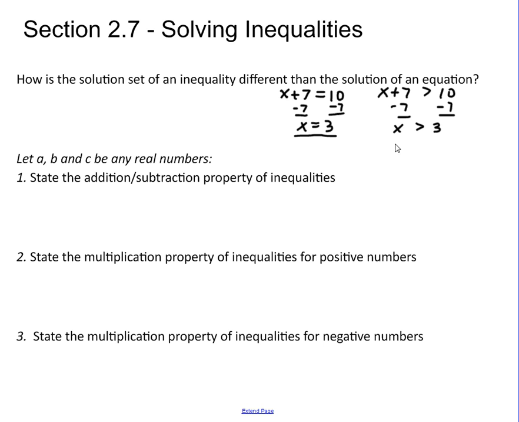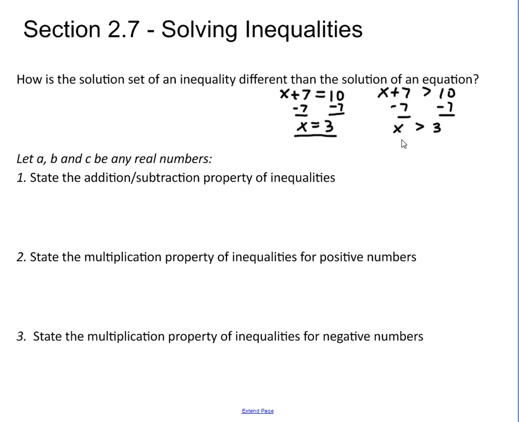It means that we actually have many different values that could solve this. You could put in x equals 5, and 5 plus 7 would be greater than 10. You could put in x equals 100, and 100 plus 7 would certainly be greater than 10. You could put in x equals 3.1, and that would be true because 3.1 plus 7 is greater than 10.